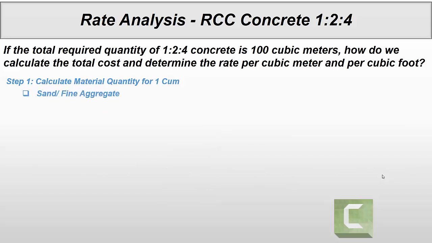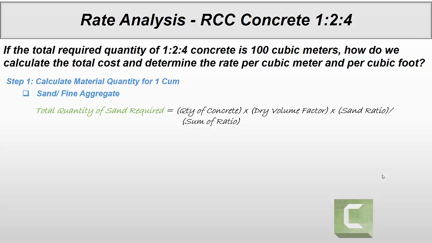Then we need to calculate fine aggregate, sand. For sand, the formula is quantity of concrete multiplied by dry volume factor multiplied by sand ratio divided by sum of ratio. So sand ratio is 2, dry volume factor is 1.54, divided by 7. So 0.44 cubic meter sand is required for 1 cubic meter concrete.